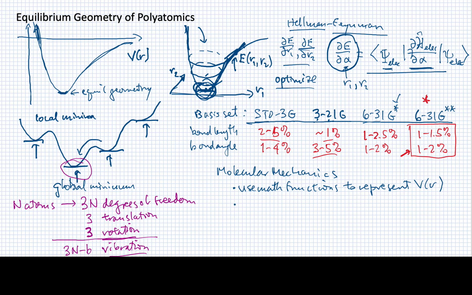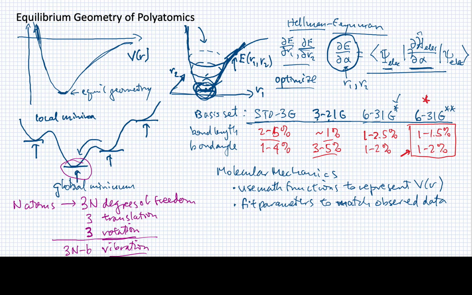What they do is they fit the parameters in all of these functions so that they best match observed data. All right, so these are not just random functions that we're going to use in these molecular mechanics approaches, but we're using them to fit data that we observe experimentally.